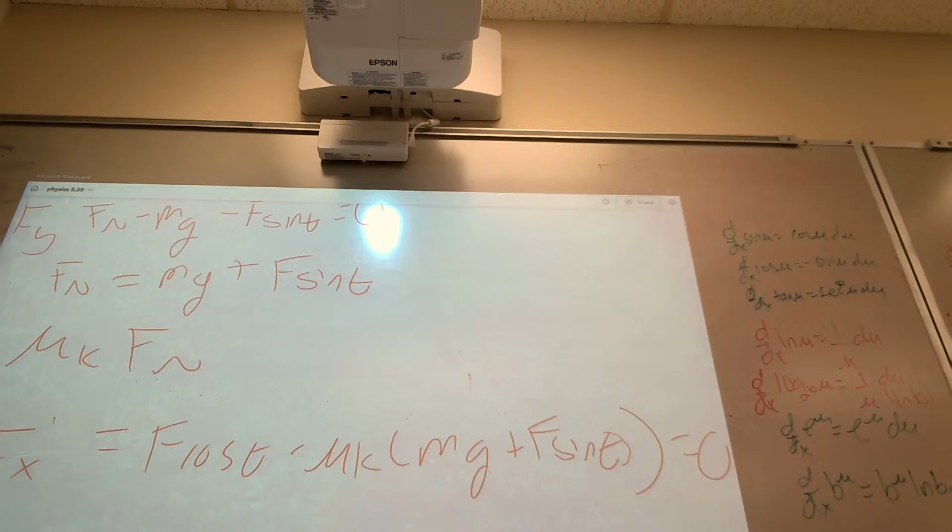So we have sigma Fx and sigma Fy. Isolate in these problems the Fk, which is mu times the normal. And Fk is back here in sigma Fx. So we plug it in, multiply this out, get your two F's on one side and everything else on the other.